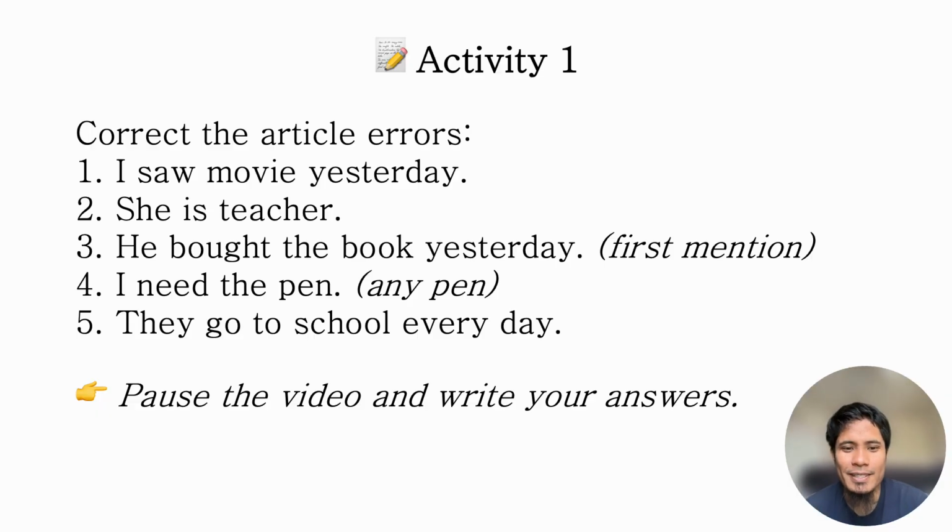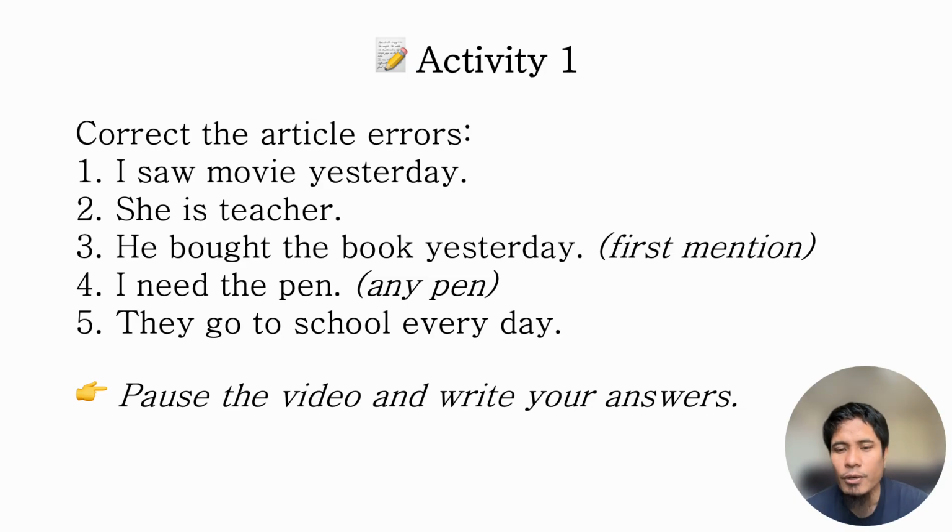Now it is time to practice. On this slide you will see 5 sentences. Each sentence contains an article error. Your task is to correct each sentence by choosing the appropriate article or deciding if no article is needed. Take your time and read each sentence carefully. As you work, ask yourself a few important questions.